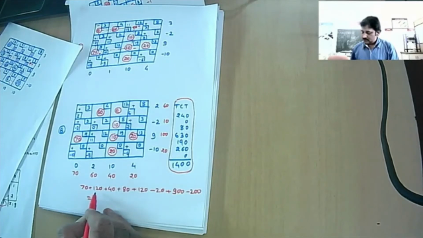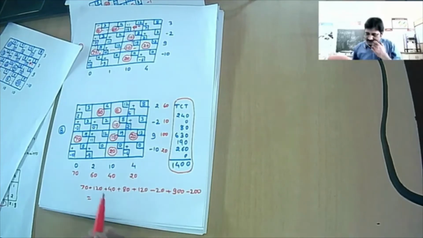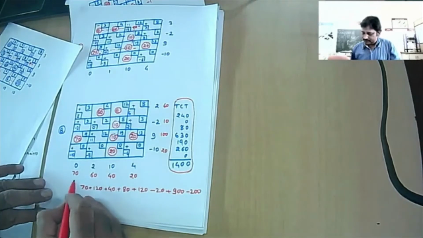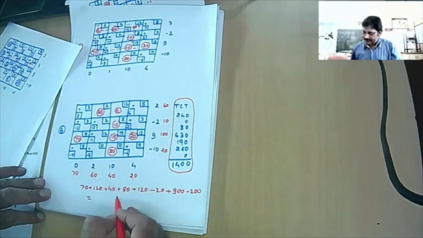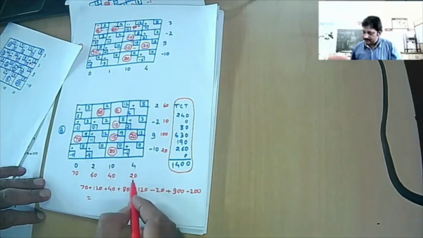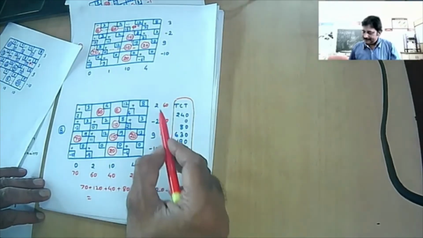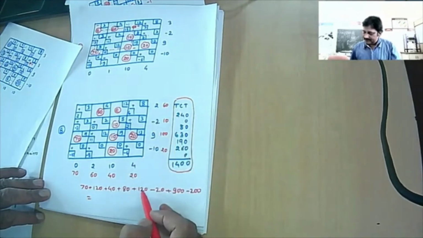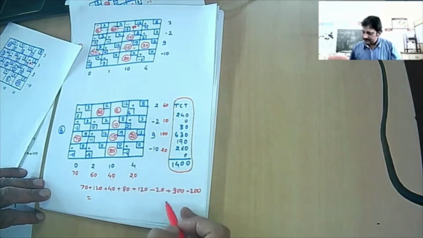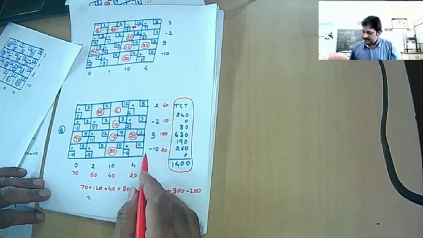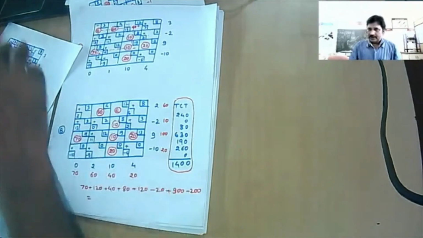Something I'm missing. Let me check. Oh, 70 plus 120 plus 40 plus 80 plus 120 minus 20 plus 900 minus 200. Okay.